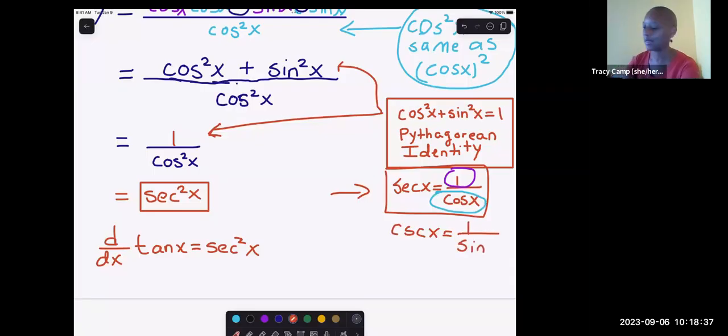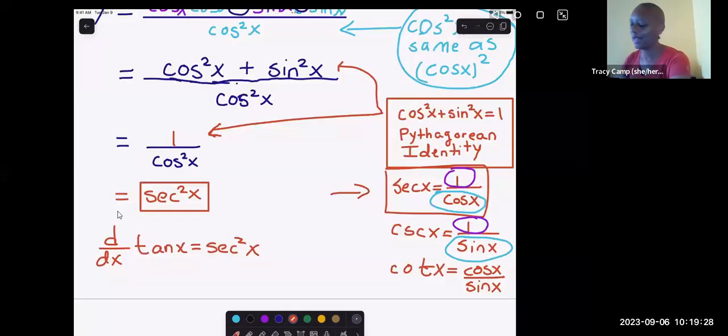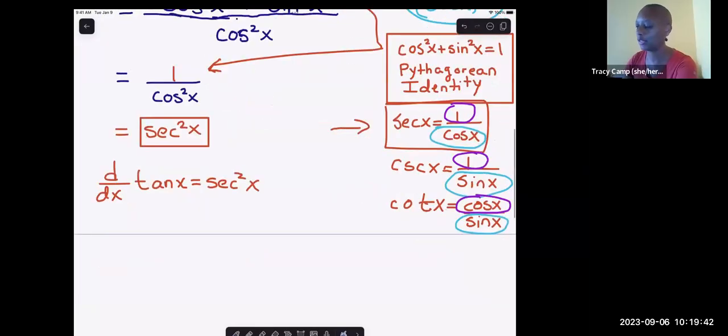My numerator is 1, my denominator is sine, use the quotient rule. And you can do the same thing with cotangent. You can recognize that the numerator for cotangent is cosine and the denominator is sine, and then once again use the quotient rule.